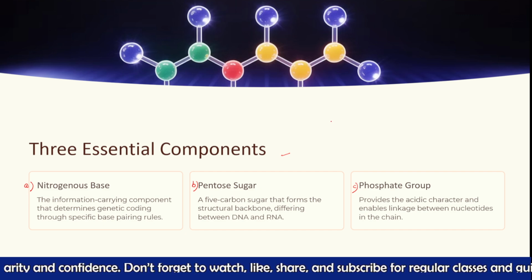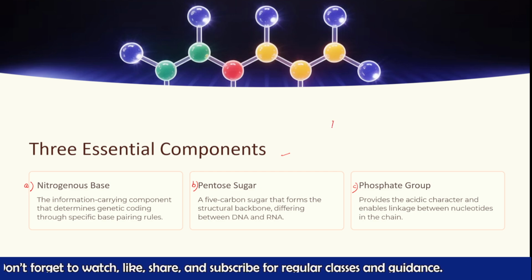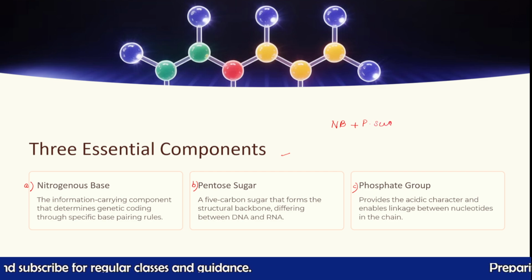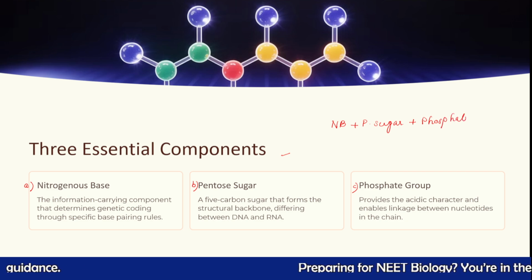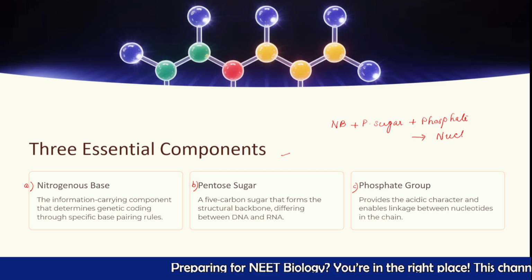Right. So once again, what are the components of nucleotides? There will be a nitrogen base plus pentose sugar and a phosphate group that together form the structure called a nucleotide.